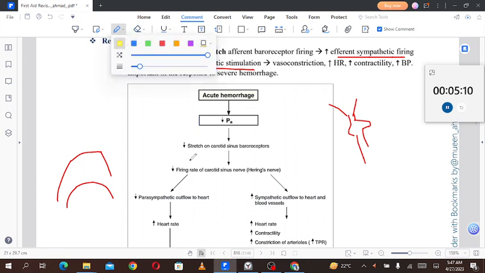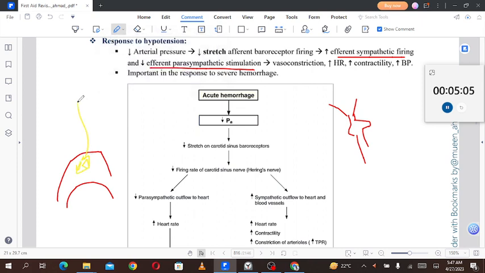I'm just going to talk about the nerve supply. For the aortic arch, the afferent supply is taken by the vagus nerve, and the efferent supply also comes back via the vagus nerve.